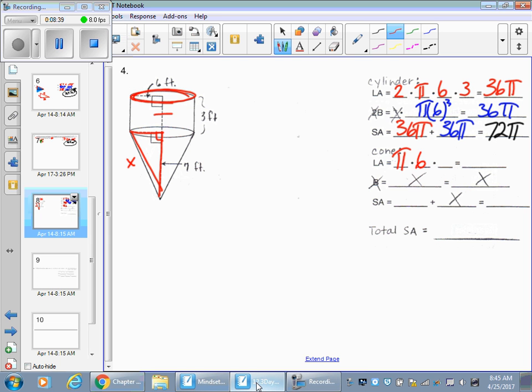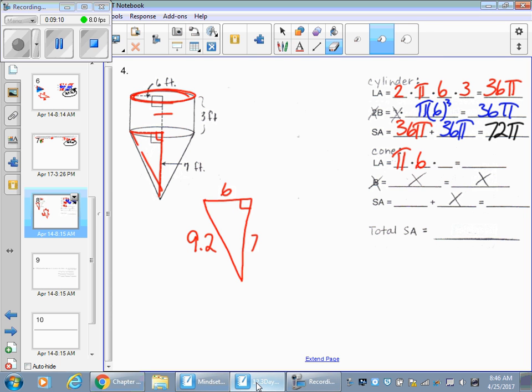All right, so I guess I've got to do the Pythagorean theorem. I'm going to pull this out. This is 7. This is 6. So when I do my Pythagorean theorem, I say 6 squared plus 7 squared equals x squared. When I did that, I ended up with this side being 9.2. Okay, so that's my slant height.